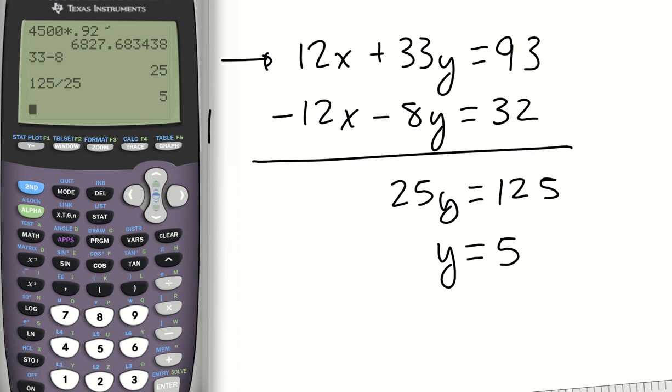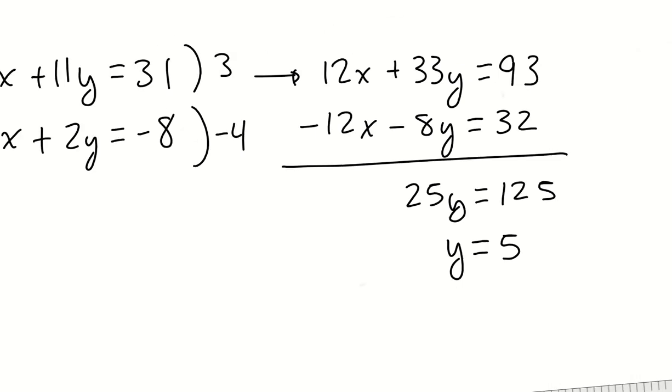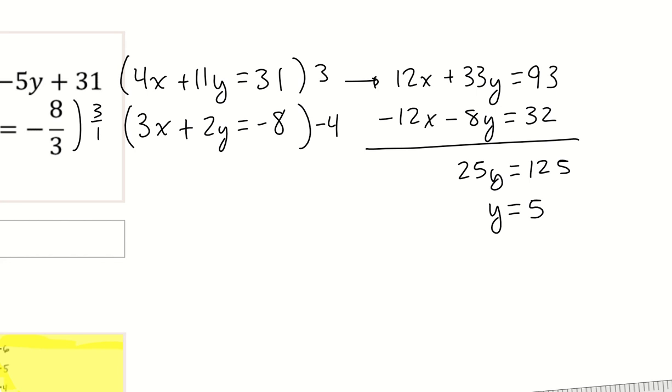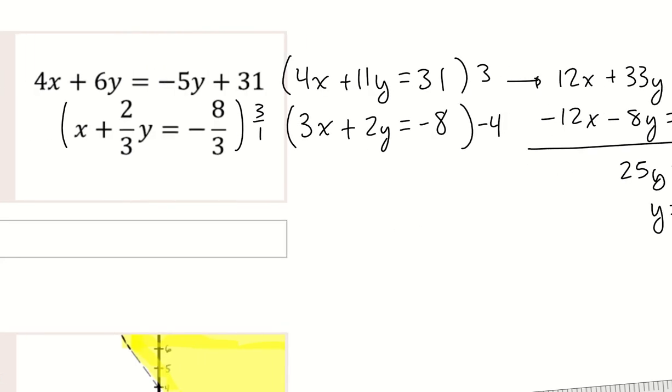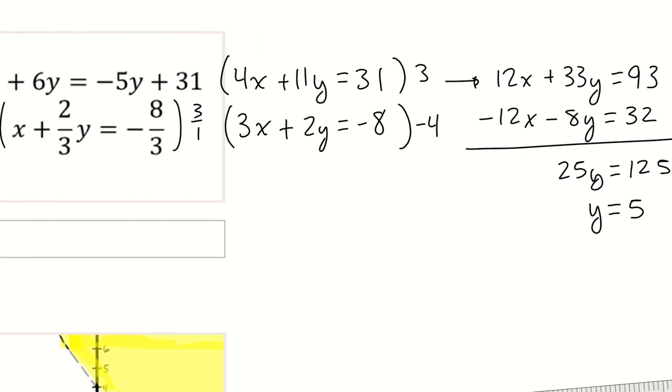So let's go ahead and figure out what the x is. To figure out x, I'm going to plug in the beautiful value y is 5 into either equation. I'm going to use the modified form of the second equation.